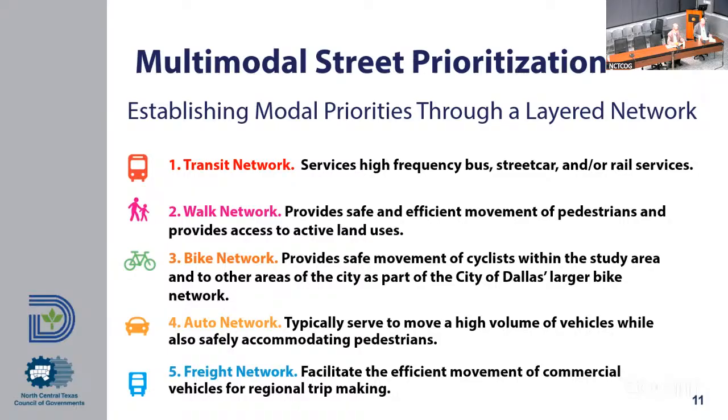The bike network includes streets identified in the City of Dallas Bike Plan as being proposed for bicycle facilities. The auto network includes streets that are intended to carry high traffic volumes. And the freight network includes streets that are intended to allow large freight vehicle travel to make regional trips. Things like cargo vans or Amazon or UPS delivery vans would not be considered part of the freight network. Next slide.